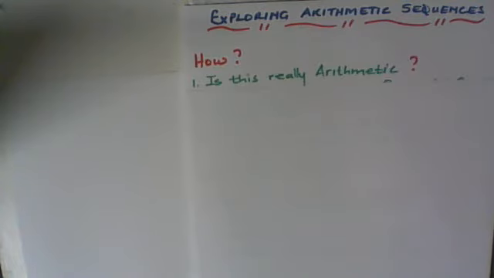One, we have to check whether this is really an arithmetic sequence. How are we going to see whether it's an arithmetic sequence or a random sequence or any other sequence? Our constant difference.